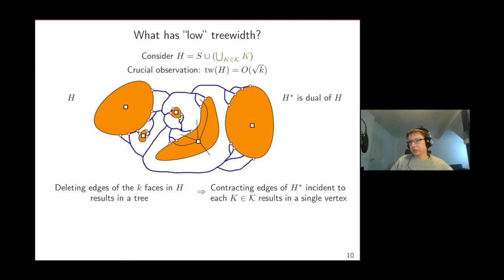So what I said is equivalent to saying that in H star, if I delete the edges incident to these K terminal faces, then I will get a single vertex, right? Because in the primal I got a tree, therefore a single outer face. So in the dual, I need to get to a single vertex by doing these contractions.